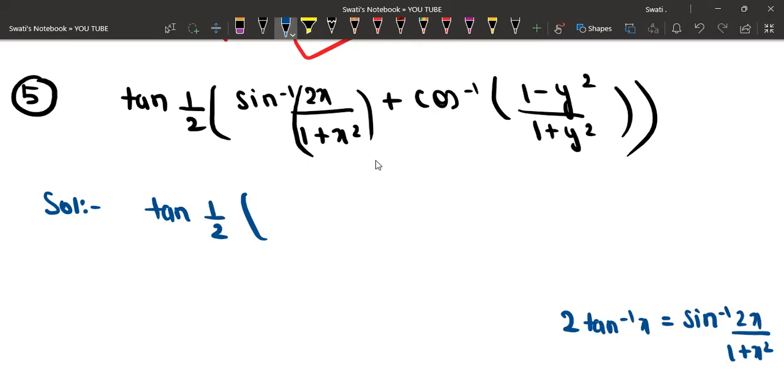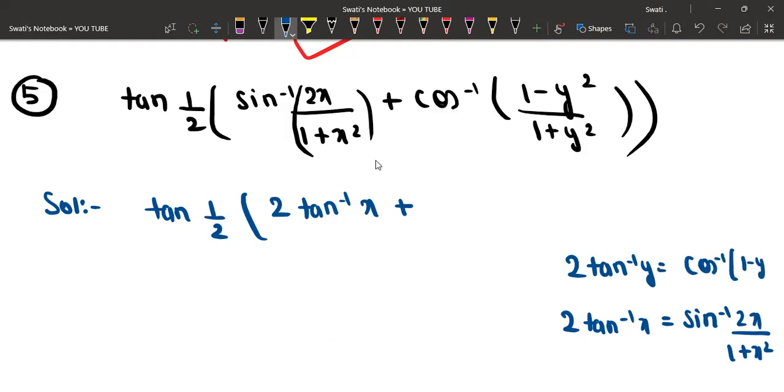So at the place of sine inverse 2x upon 1 plus x square, I can write down 2 tan inverse x plus cos inverse 1 minus y square upon 1 plus y square. This also has a formula, and that is 2 tan inverse y. 2 tan inverse y has a formula, cos inverse 1 minus y square upon 1 plus y square, right?